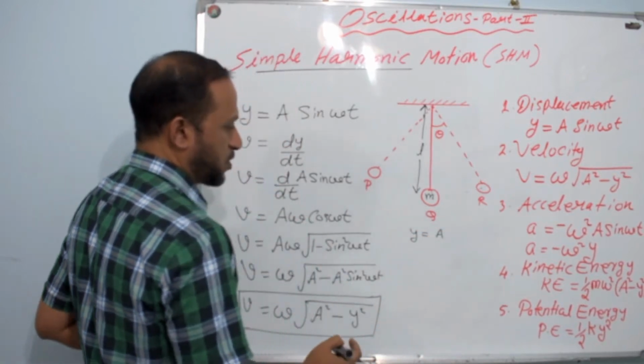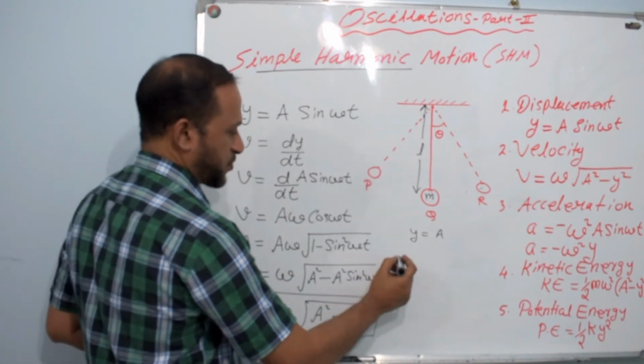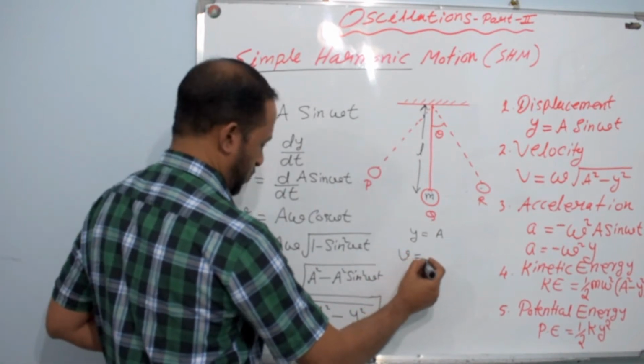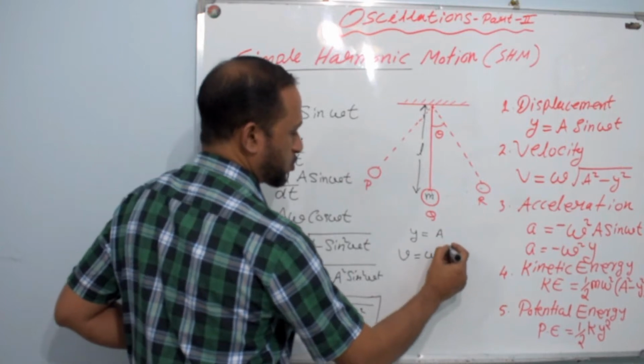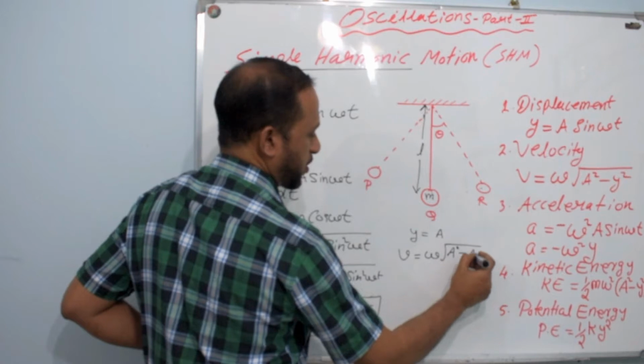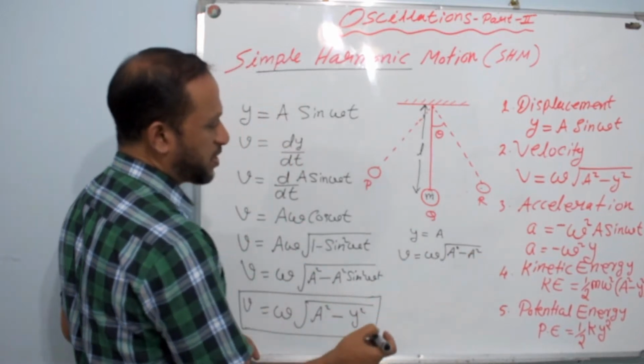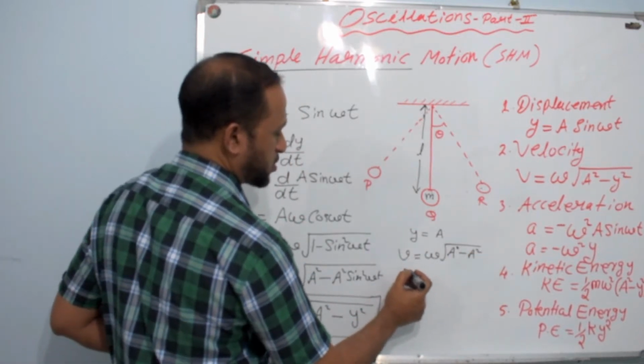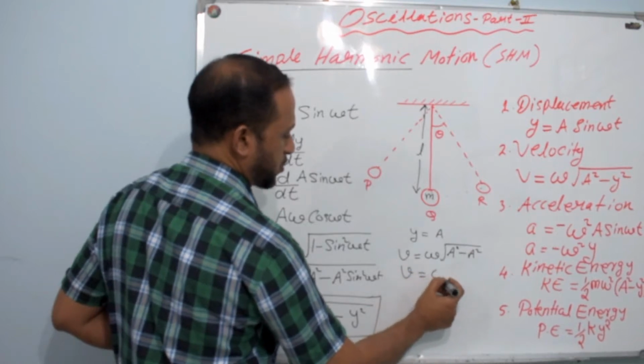So when we apply that in this equation, its velocity v is equal to omega into square root of a square minus a square. So a square minus a square equal to 0 means v is equal to 0.